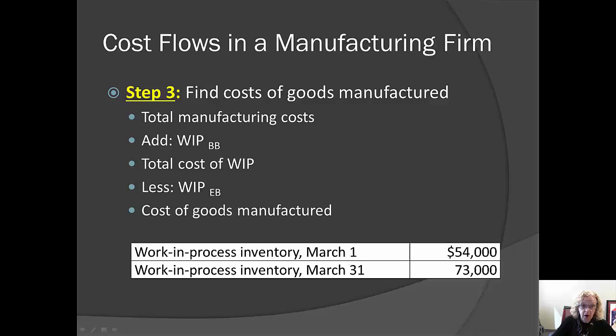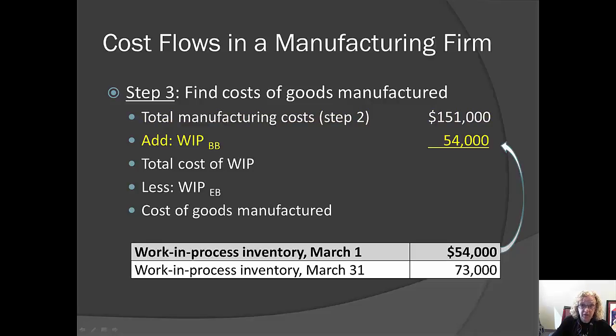We know from the previous step that we had $151,000 of current manufacturing costs. But on March 1st, we already had $54,000 worth of partially finished units that we had started in February but hadn't finished by the end of February, so they were still sitting around partially completed on March 1st.